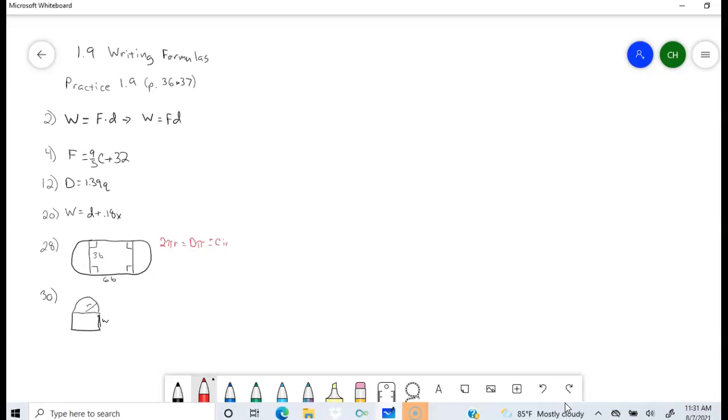That's the circumference of a circle. Okay, so we know that the diameter is right here. It's 3b. So when I plug that in there, I'm going to get 3b times pi.